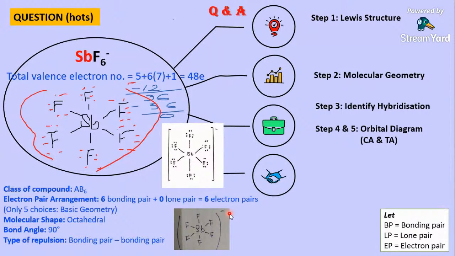Actually, in this case, you should know what is the hybridization already. Octahedral, sp3d2, because this is octahedral. As I mentioned just now, linear sp, trigonal planar sp2, and so on. So this is octahedral, so you know already it's sp3d2. For this one, hybridization, the easiest way is identify the basic geometry, means the electron pair arrangement.